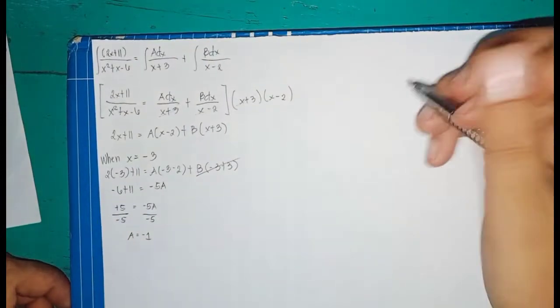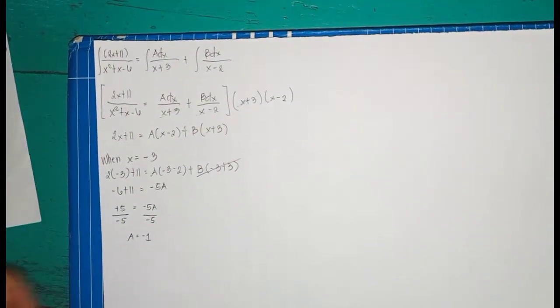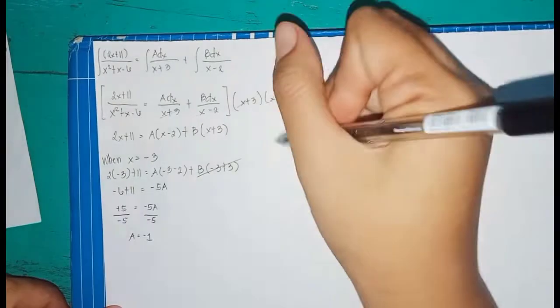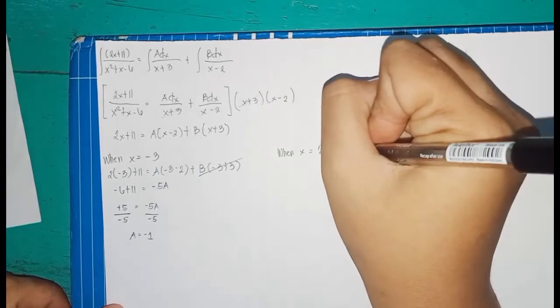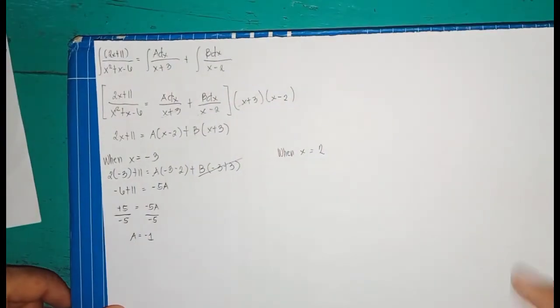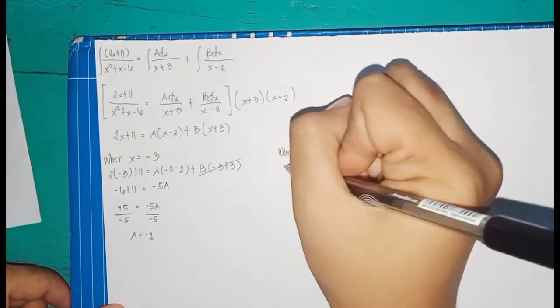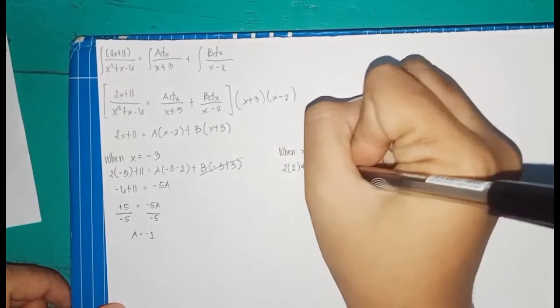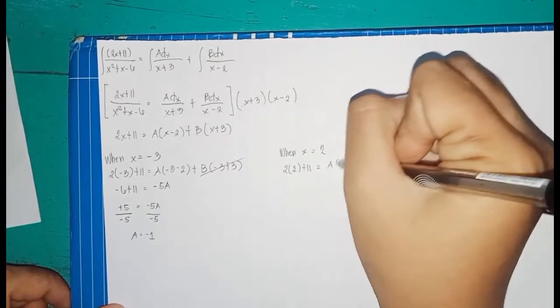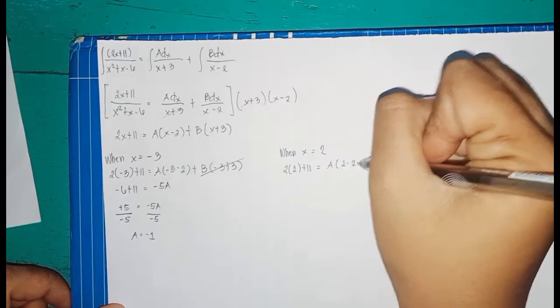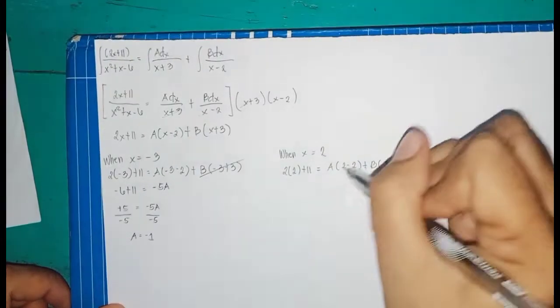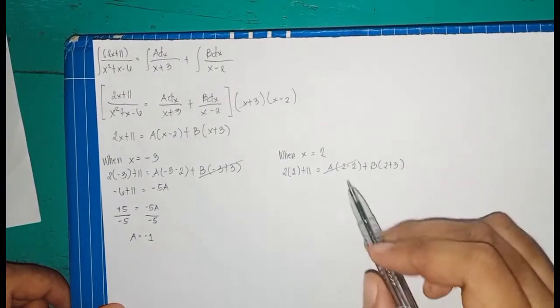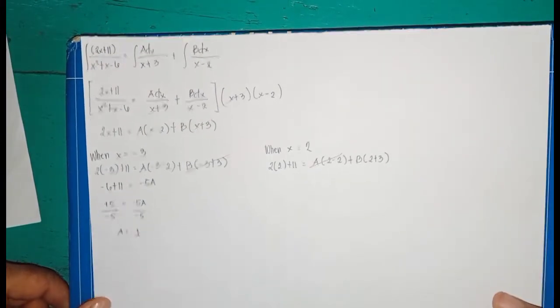So let's proceed to get the value of B. So when x is equal to positive 2, 2 times 2 plus 11 is equal to A times 2 minus 2, plus B times 2 plus 3. So this will be cancelled because 2 minus 2 will be 0.